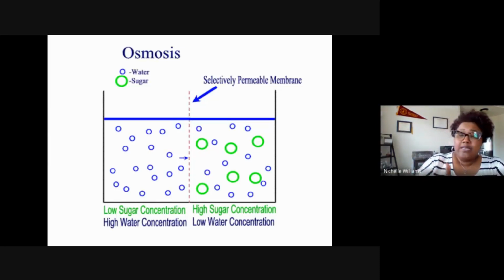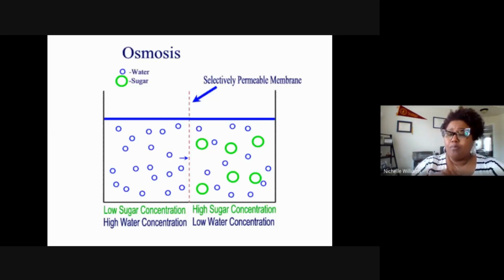And so what we're saying is, instead of the green dots moving to make it balanced, the blue dots, the water, is what's moving. So that's osmosis, because water is a substance that is moving to try to dilute. And you've heard of dilute before. When you make Kool-Aid and you add water, you're diluting.